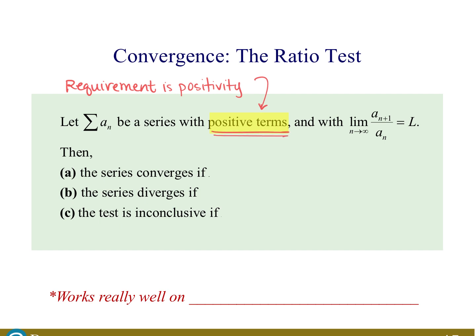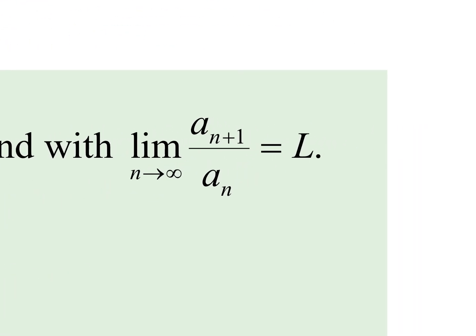So in other words, if your series alternates, this test will not work. It only works on positive terms. What we do is we don't apply a limit to the last term. We apply a limit to the last term and the second to last term. So I want you to look at what this looks like. It actually works for any two terms.